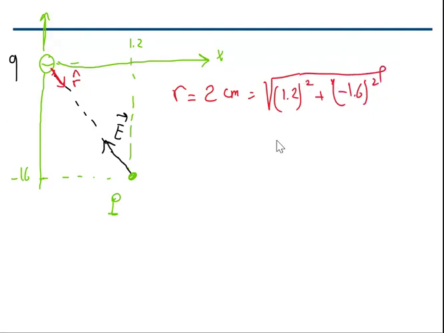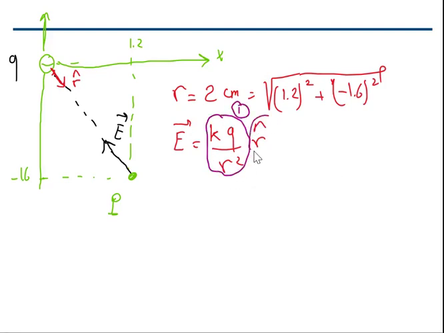So the distance r is known. Now, what is the electric field? E, according to the definition, is kq over r squared multiplied by the unit vector. So we have some steps to follow. The first step is to figure out this quantity. The second step is to figure out the unit vector. Let's start with the first step.